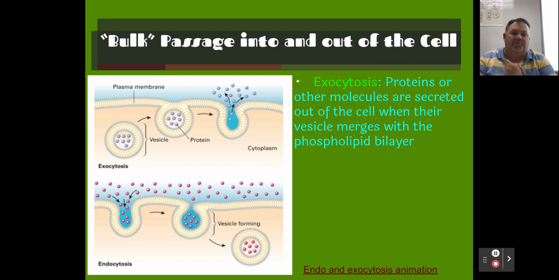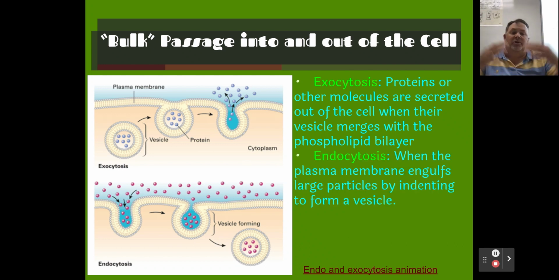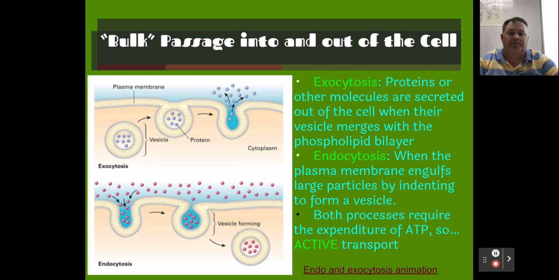So, exocytosis: proteins and other molecules secreted out of the cell. And in endocytosis, molecules are doing just the opposite, they're coming into the cell. Both require energy in order for this to work. So this is an example of active transport, where molecules are using ATP or energy for this to occur.